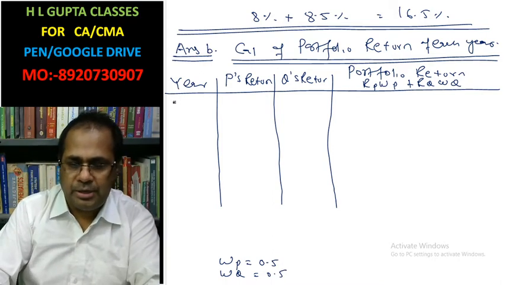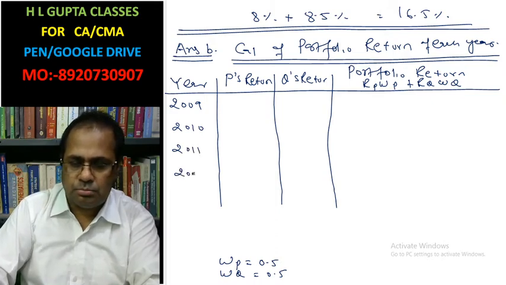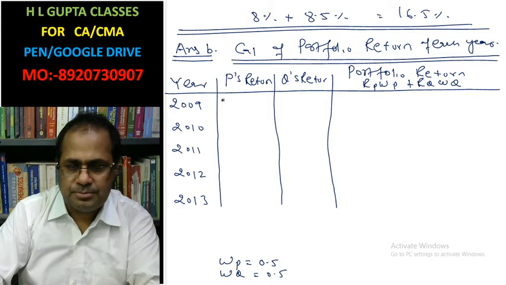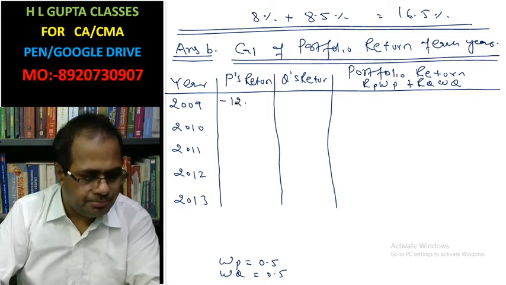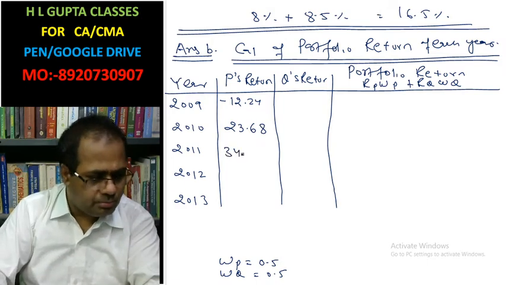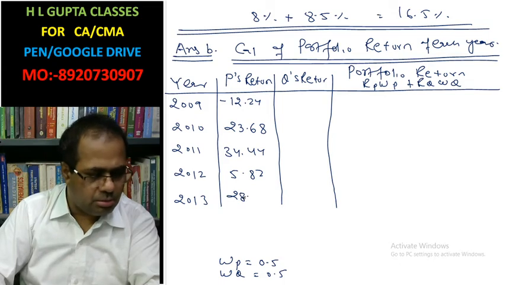Years 2009, 2010, 2011, 2012, 2013. P returns: minus 12.24, 23.68, 34.44, 5.82, 28.30.